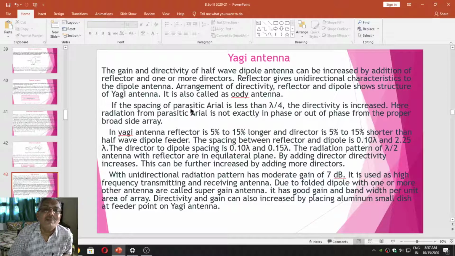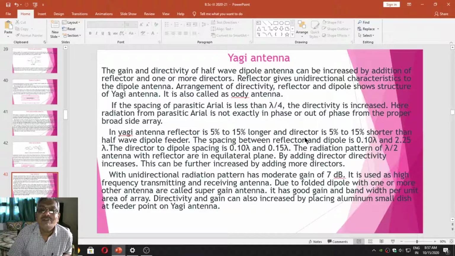If the spacing of the parasitic element is less than lambda by 4, the directivity is increased. Here, radiation from the parasitic element is not exactly in phase or out of phase, as in a proper broadside array. In the Yagi antenna, the reflector is 5% to 15% longer and the director is 5% to 15% shorter than the half-wave dipole feeder.